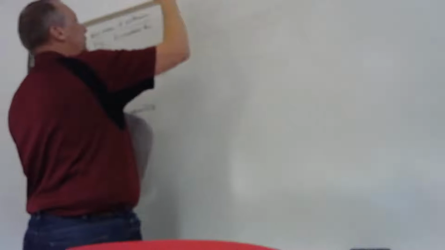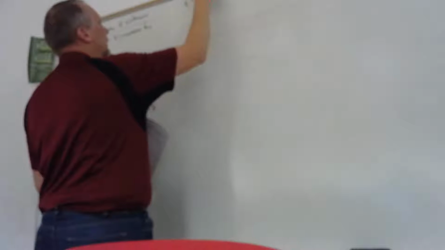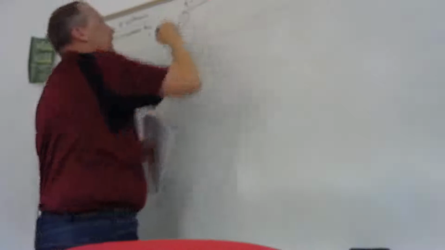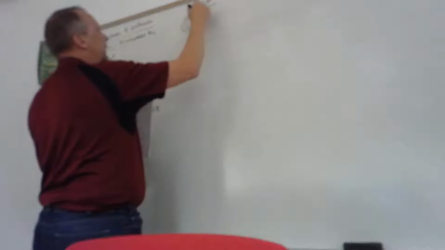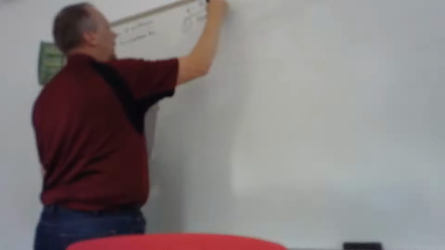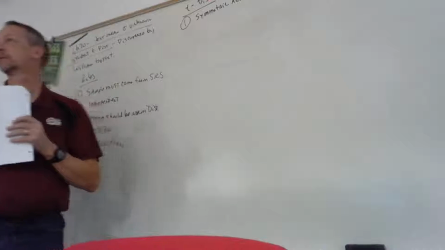Actually, let me do one more thing, and then we'll do an example, okay? So you remember, we're going to talk about the t-distribution. Some of the things about the t-distribution. Number 1, it is symmetric about 0.